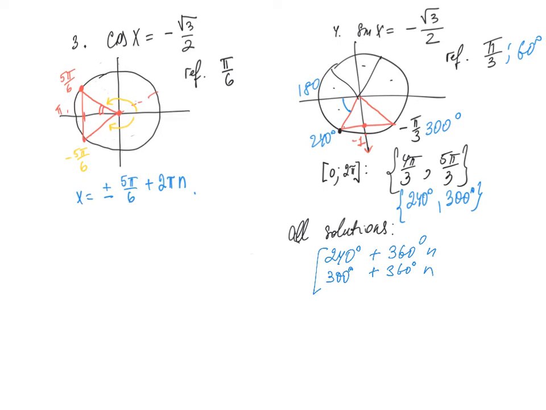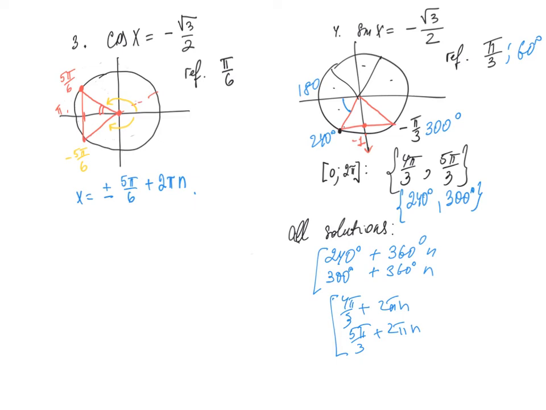Or if it's in radians, then it will be 4 pi over 3 plus 2 pi n, or 5 pi over 3 plus 2 pi n. We have to present both of these options, because otherwise we will just lose half of the solutions. Again, we are going to work out a more effective way to write it down.